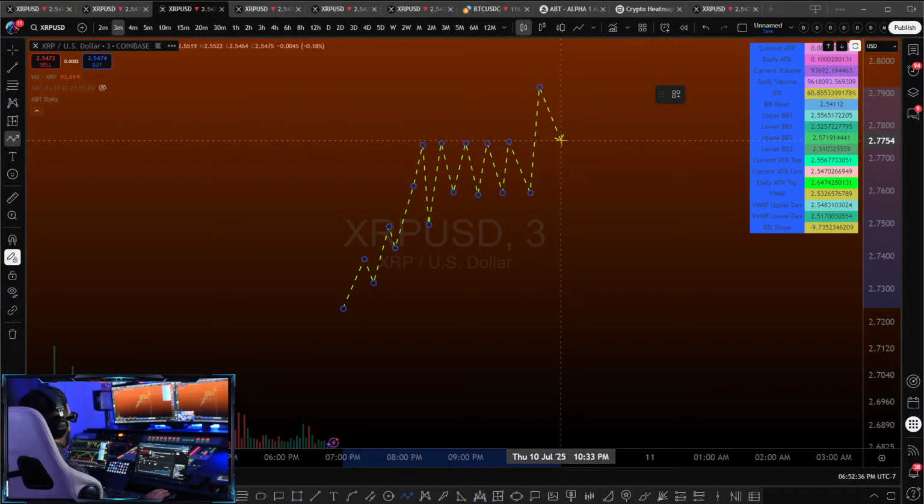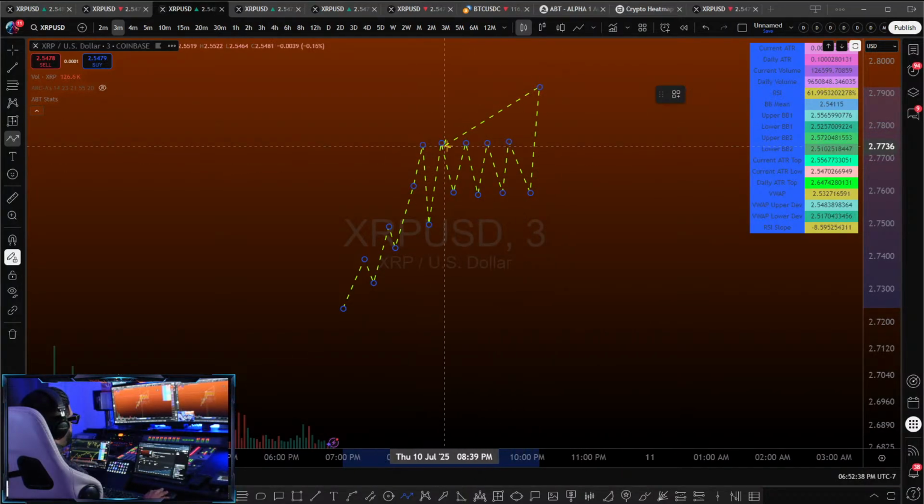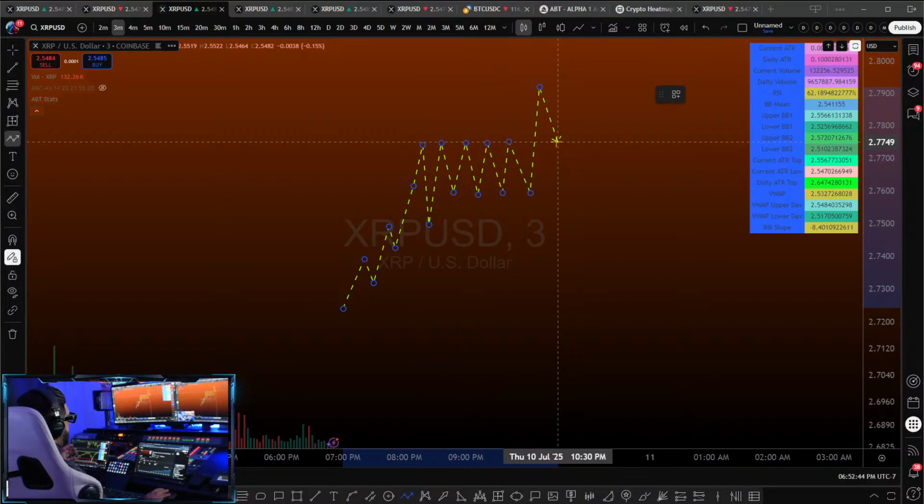And then we come back and test what we just used as multiple resistances up here. All these are resistances, and we're now in the process of converting those resistances into a support. So we create this gigantic upside, we come back, it's called a false breakout, a fake out.